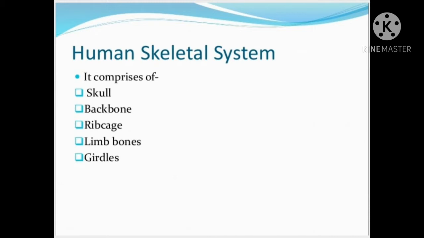Snail, crab, cockroach, etc. have a protective exoskeleton. Other animals like cats, dogs, fish, etc. have the skeleton inside their body, and their skeleton is called endoskeleton. And in our body we are having endoskeleton.